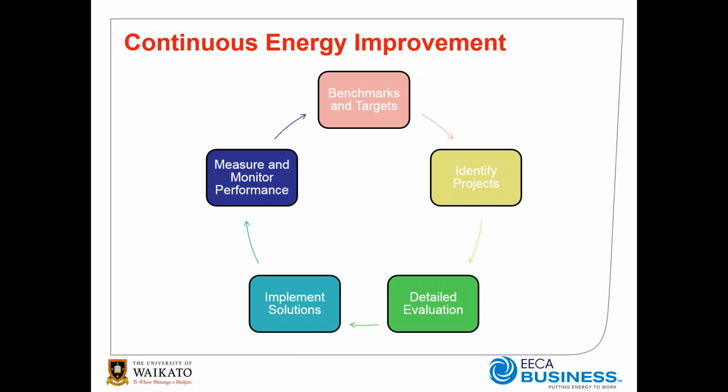And then hopefully this leads on to continuing measurement and monitoring of performance. This is to confirm that energy has actually been saved and also to re-optimize your process system variables and to ensure that you achieve the greatest benefits. And so the cycle can continue to benchmarking and targeting and onwards.